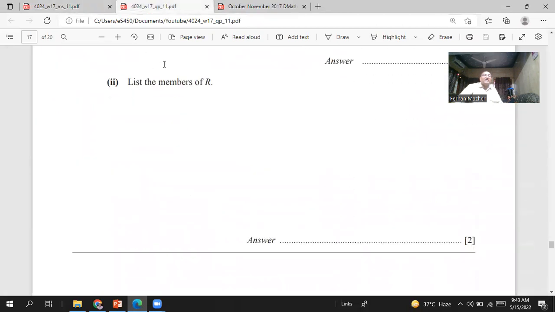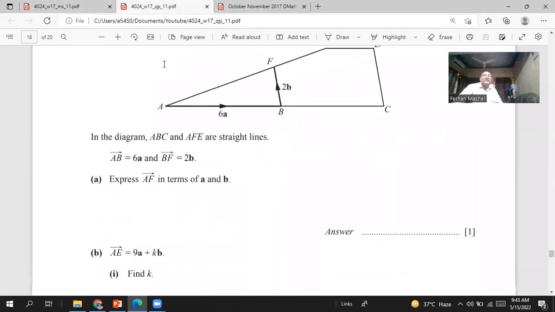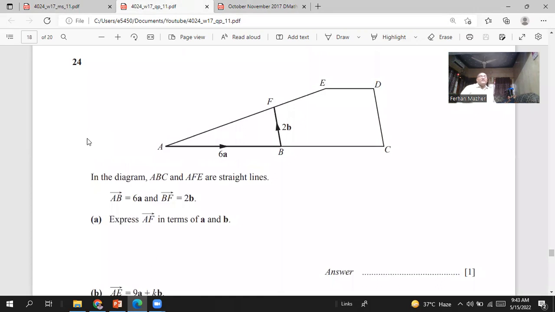Okay, so now we are going to the next question. Here we go. Question number 24. In the diagram, ABC is a straight line and AFE is a straight line. AB is 6a and BF is 2b.